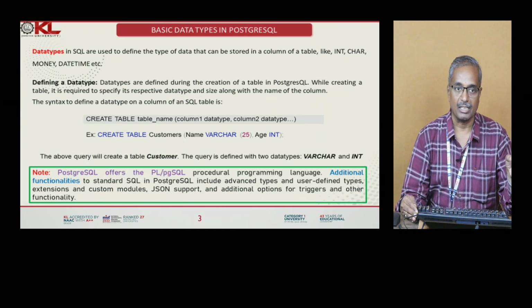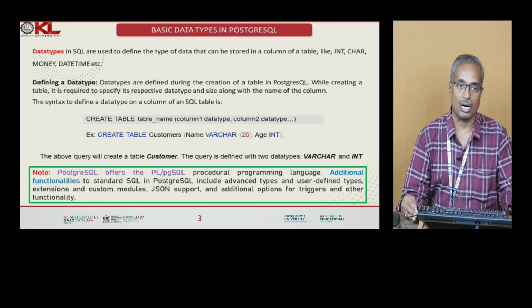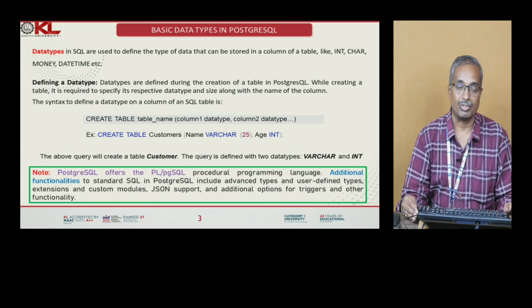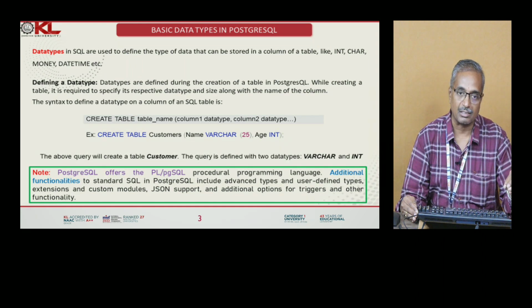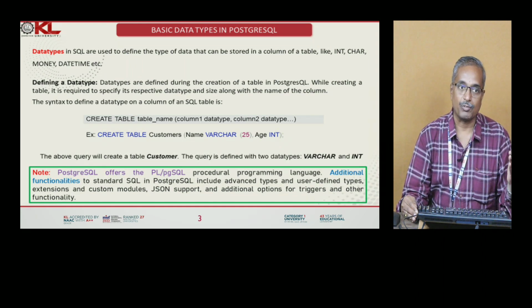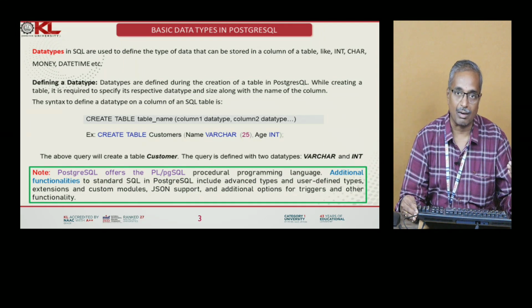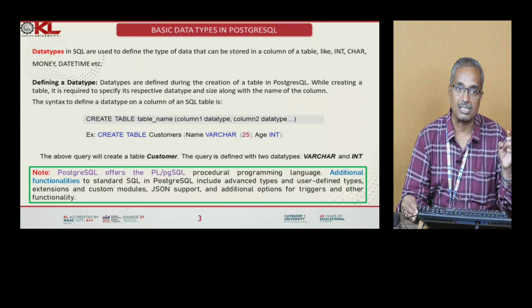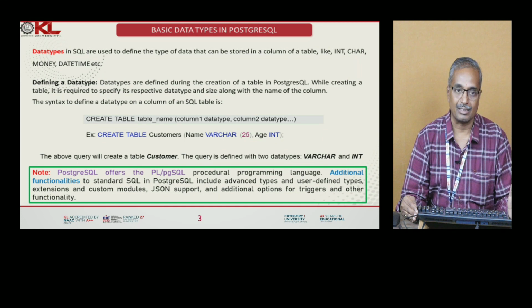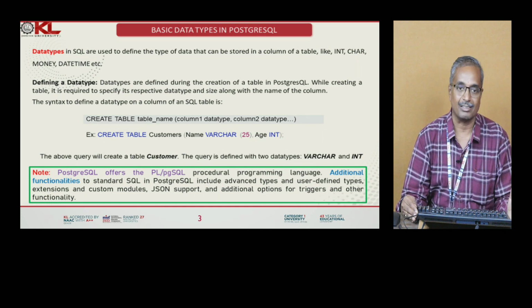To initialize any data, to store any data or to operate on the data, first of all we require data types. Therefore, the SQL language and also PostgreSQL provide a rich set of data types to write the statements and to operate on the data in the easiest manner. Hope all of you are understanding.